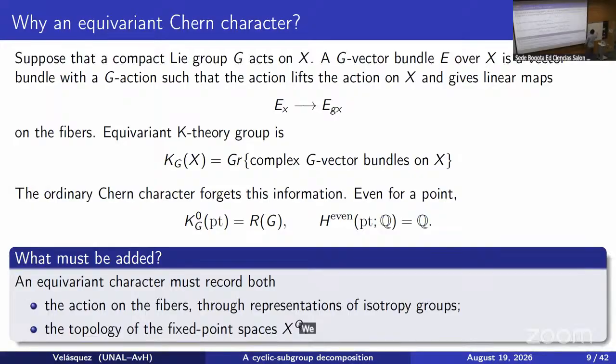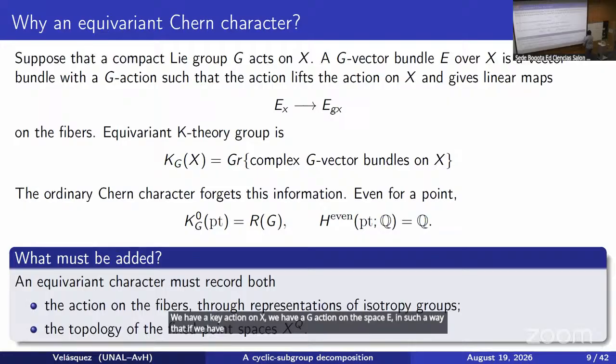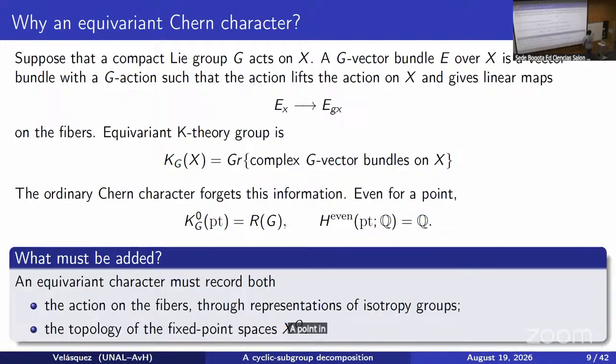We have a G action on X, we have a G action on the space E, in such a way that if we have a point in the space and the action of an element maps x to gx, then on fibers, the fiber over x maps to the fiber over gx, but by a linear map. The action of the element g is given by a linear map. It is a G vector bundle.